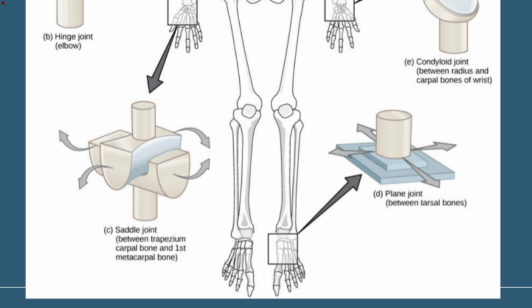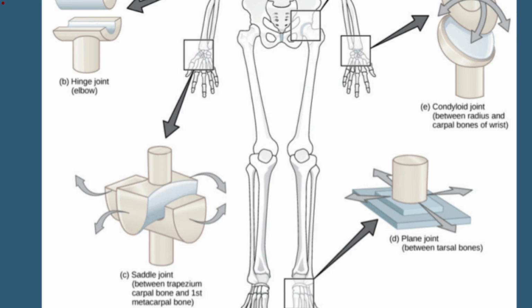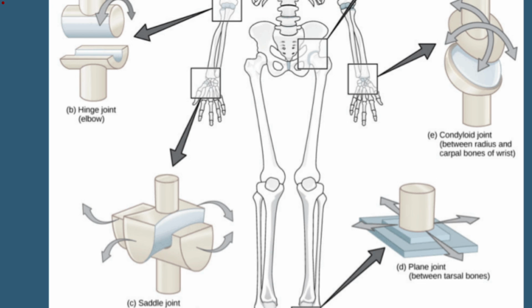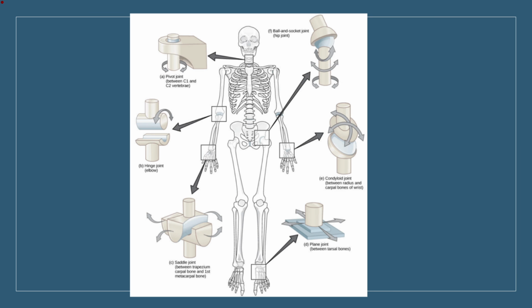Okay, and then the saddle joint. The saddle joint is the most movable joint. That's the thumb, right? That thumb makes us special compared to other animals because we have that opposable thumb. And so that can move in every direction. Okay. And that is the last one on there.